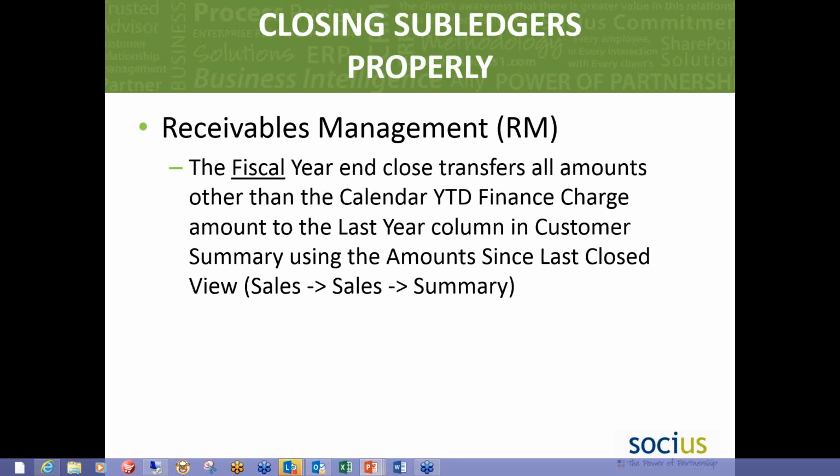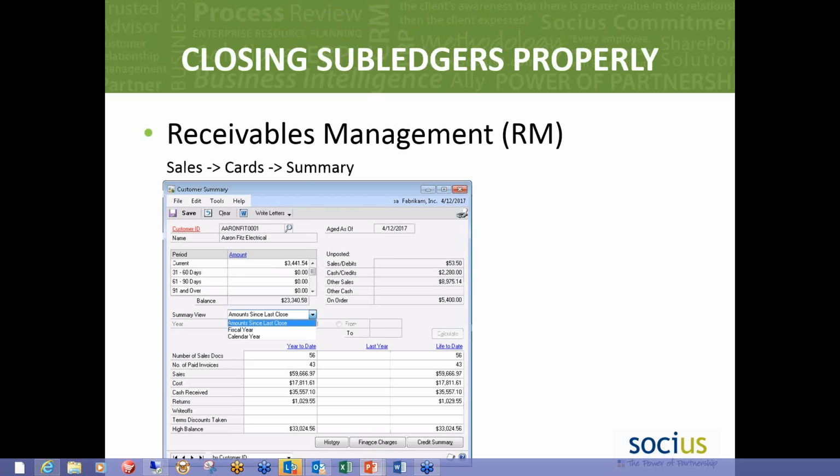The fiscal year-end close transfers all amounts other than the calendar year-end finance charges amounts to the last year column in the customer summary using the amount since last closed view. And I'm going to show you that right here. So if you go to Sales, Cards, and Summary, then this window will actually bring up your customer.